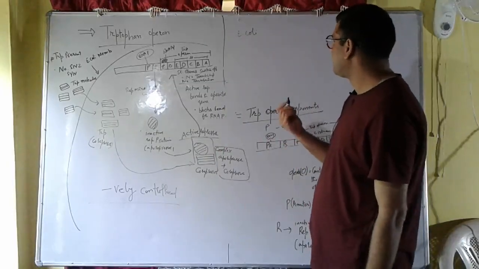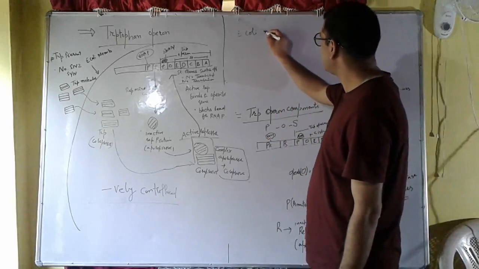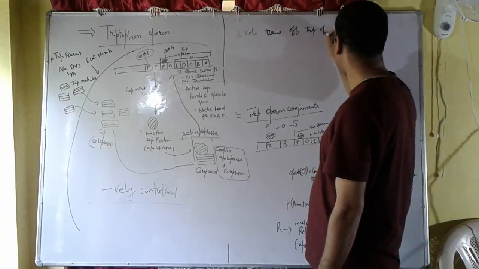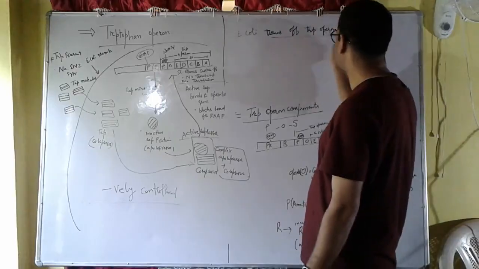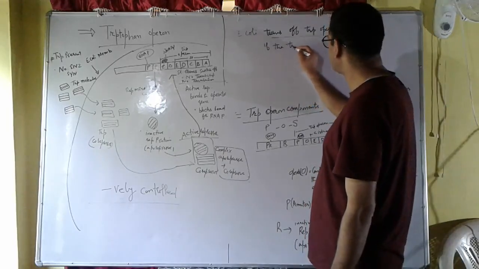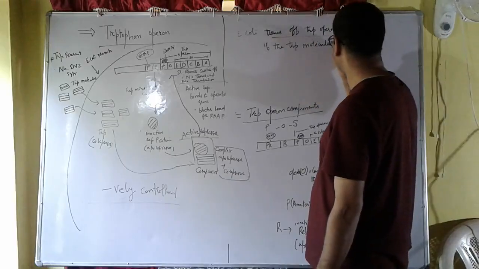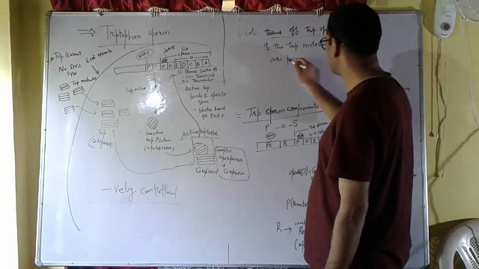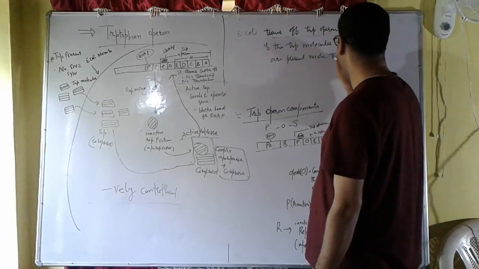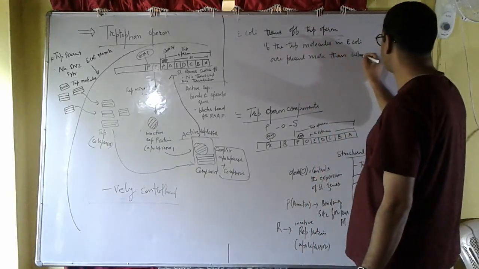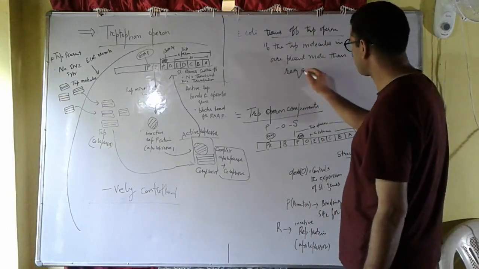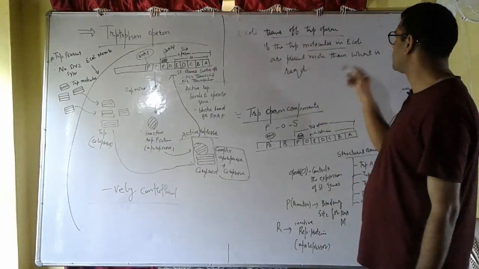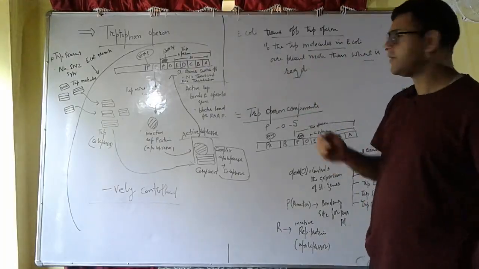So we can say that E. coli turns off the tryptophan operon if the tryptophan molecules in an E. coli are present more than what is required by the E. coli.